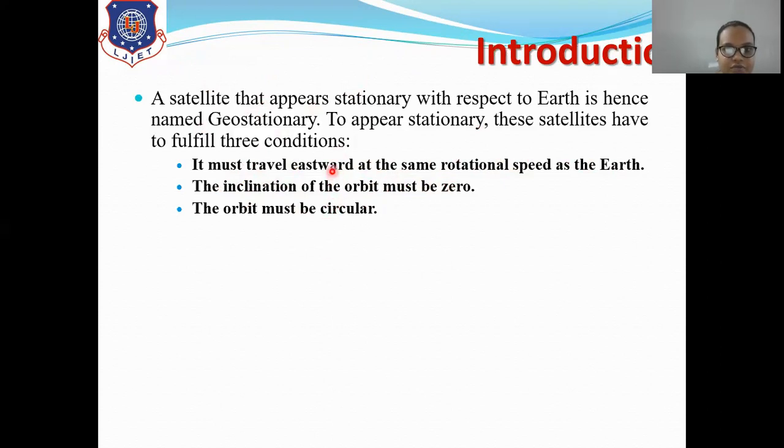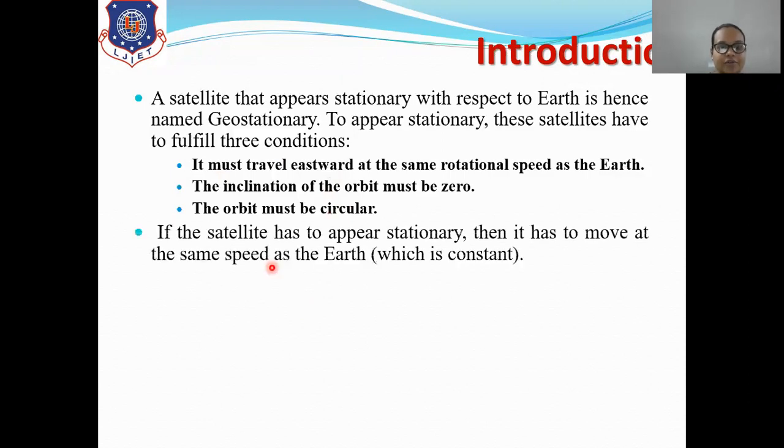Now, for these three conditions which we have to fulfill, we will see the reason behind each one by one. So the first reason: if the satellite has to appear stationary, then it has to move at the same speed as the Earth. So if we see the satellite from any point of the Earth, it will appear stationary as it is moving with the same rotational speed as Earth.